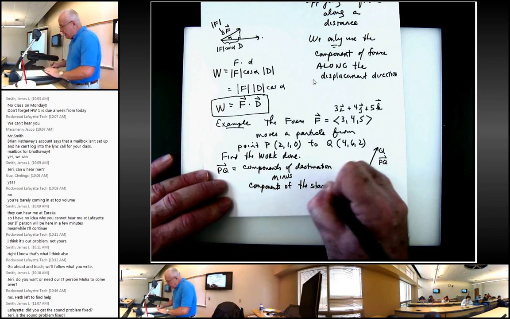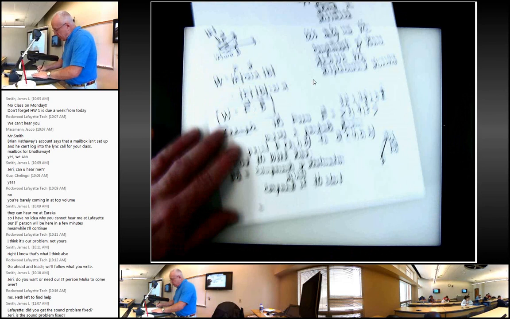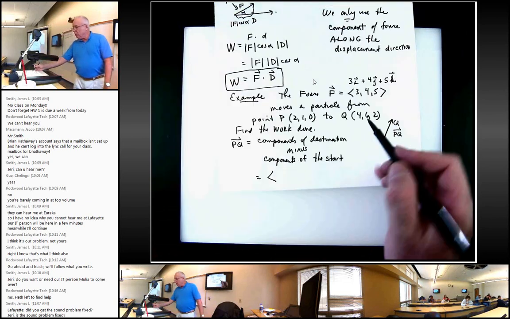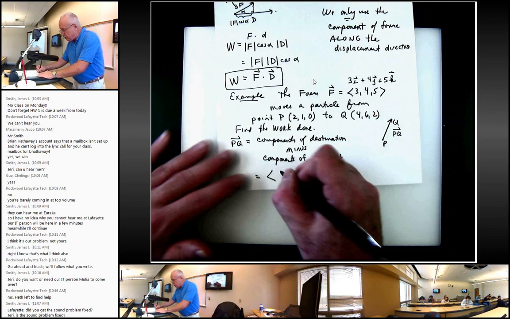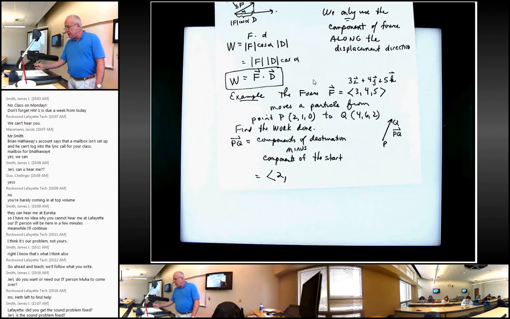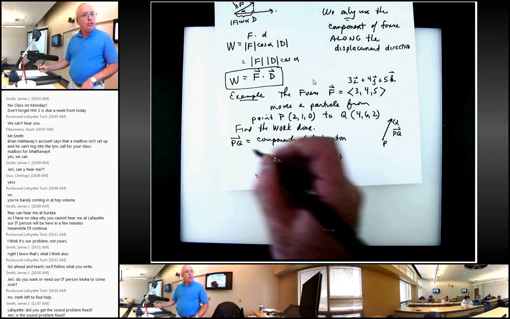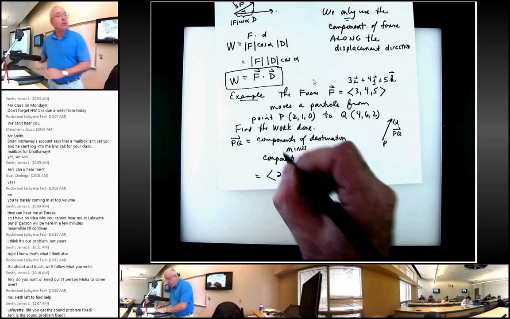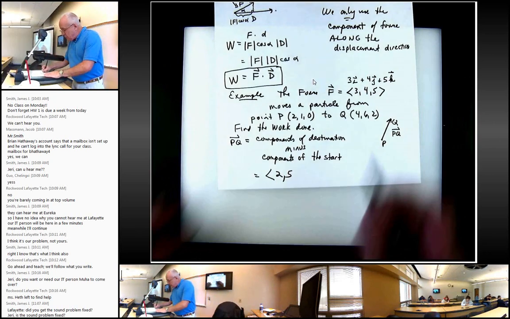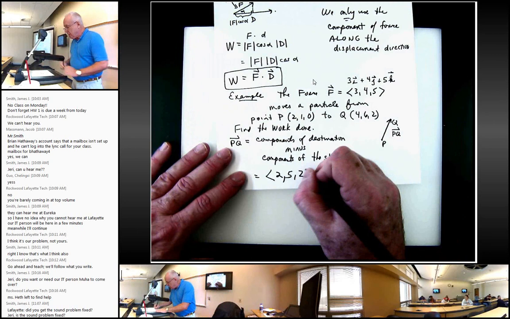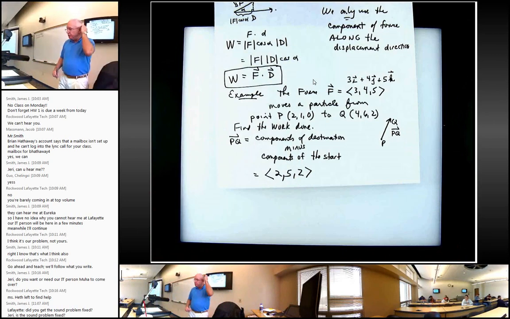So in this case, our vector PQ, here Q is where we're ending, so it's 4 minus 2, which is 2, 6 minus 1, which is 5, and 2 minus 0, which is 2. Okay, that's our displacement vector.